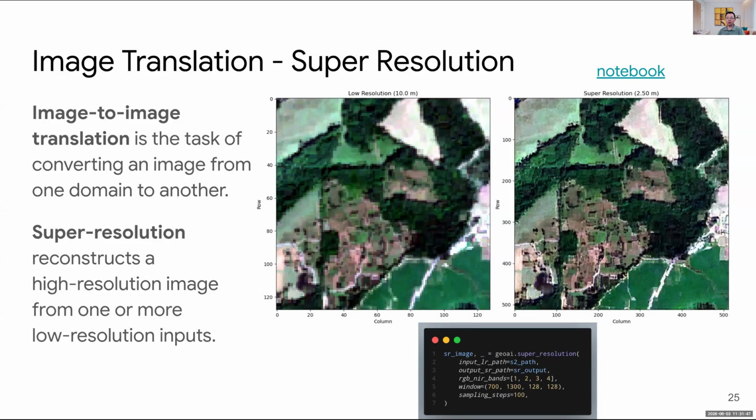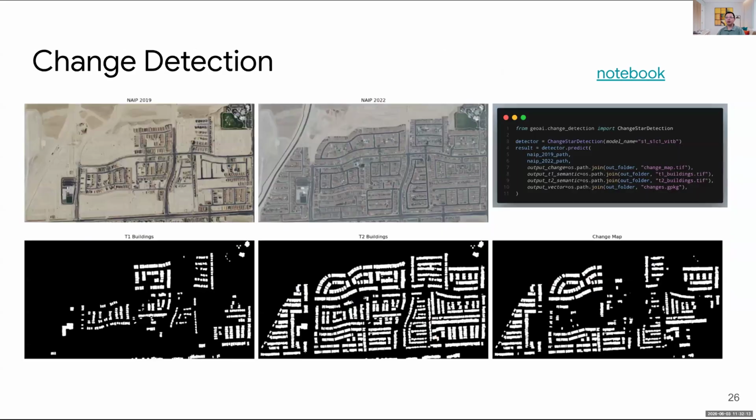It's just based on probability. For example, we can downsample the Sentinel 10-meter resolution to 2.5 meter, so you can see it's much sharper. This sometimes can be useful if you want to get higher resolution imagery out of coarse resolution. But just keep in mind, it's nice looking, but it's not good for remote sensing analysis.